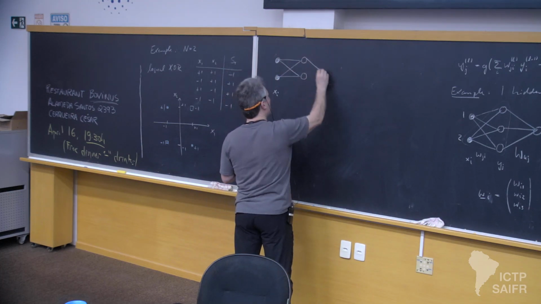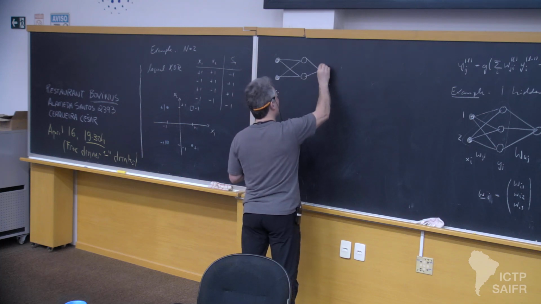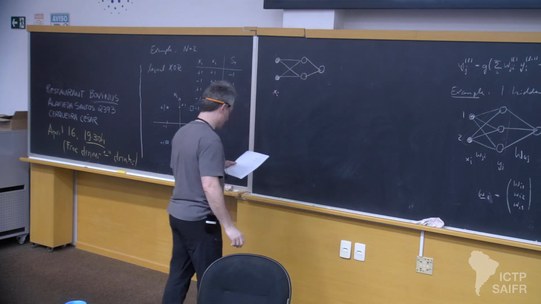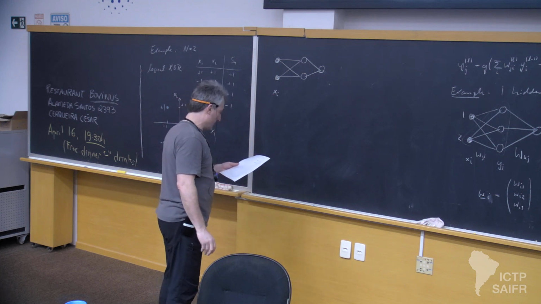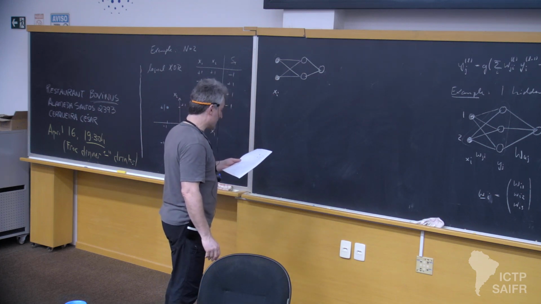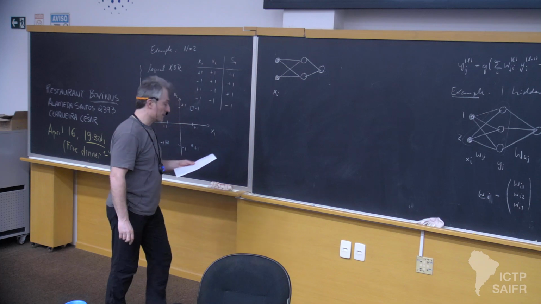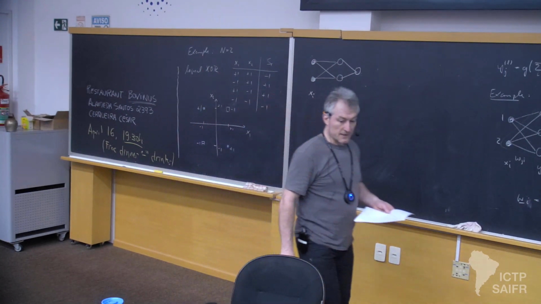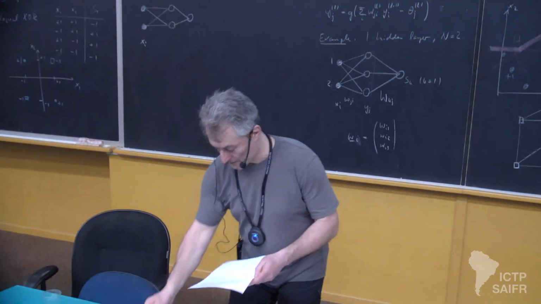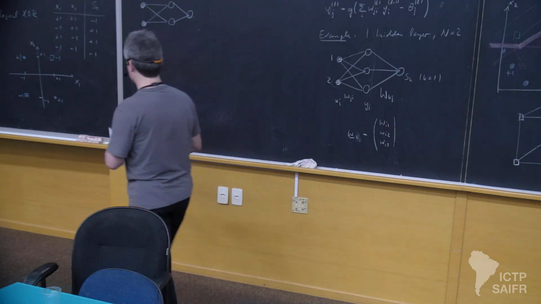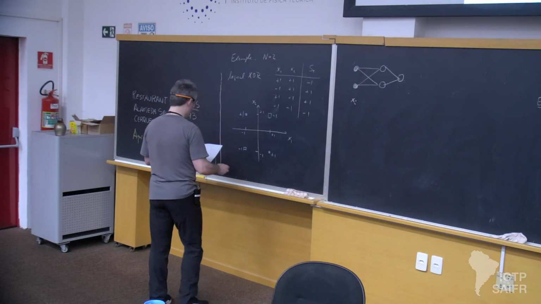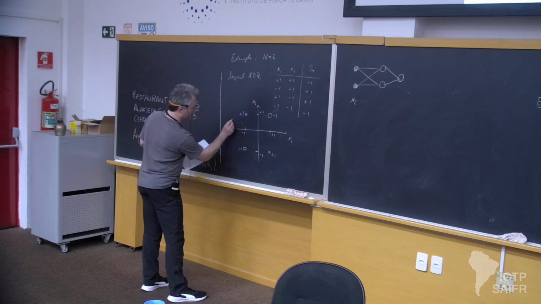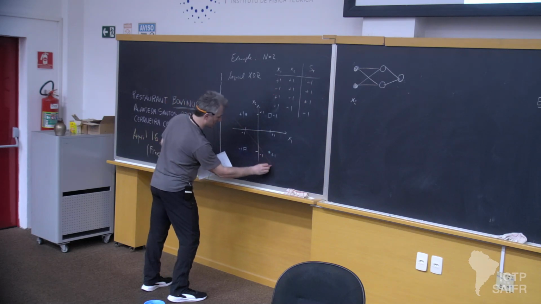And then it has 1 output neuron. So in that case, I also need to use thresholds. And what I do is I learn the thresholds in a way for the first layer that there is 1 separating plane here.